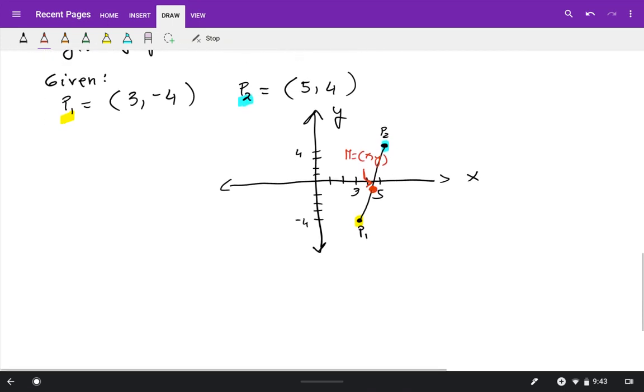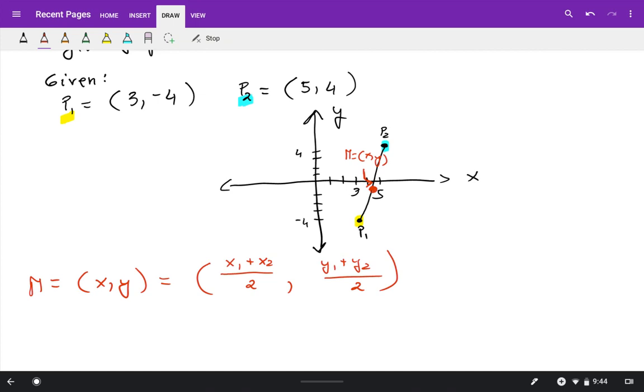The midpoint formula gives us the point which is in the middle of that segment from P1 to P2. The midpoint formula is x1 plus x2 divided by 2, comma, and that will give you the x coordinate, y1 plus y2 divided by 2.